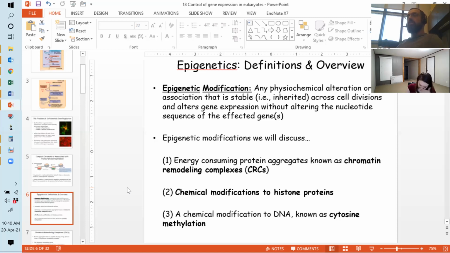And this is something called cytosine methylation. And also the activity of chromatin remodeling complexes, right? So these are a bunch of proteins that essentially reshape chromatin, right? How that DNA is wrapped around proteins.